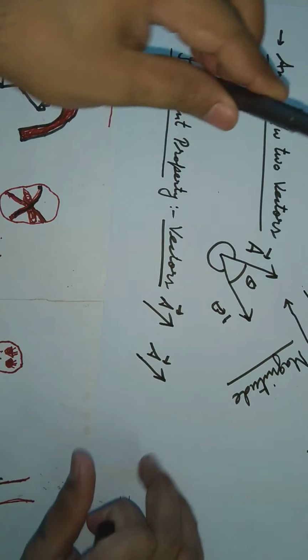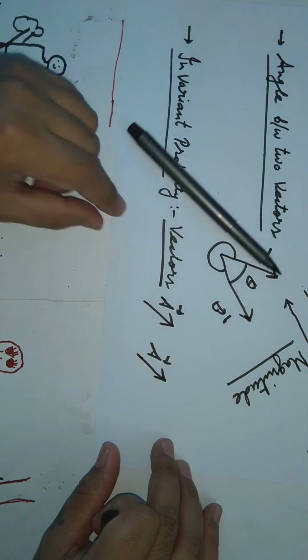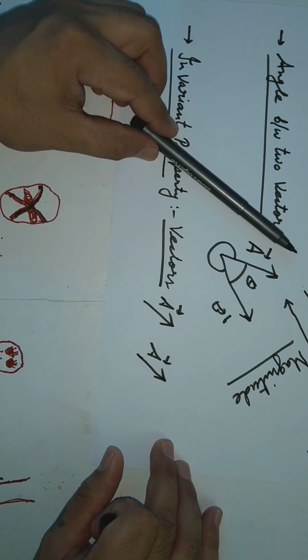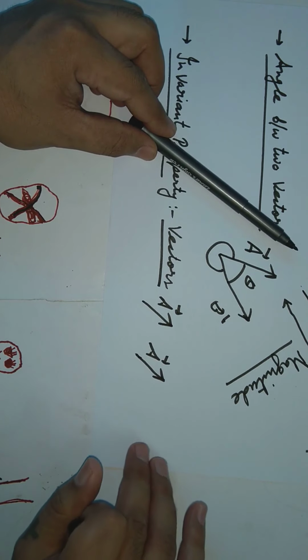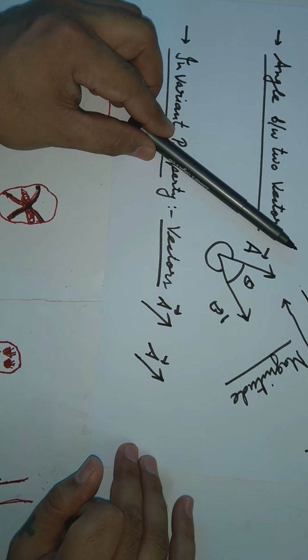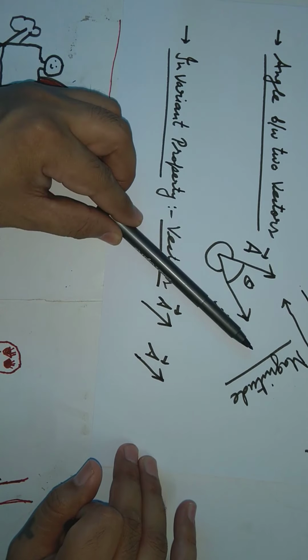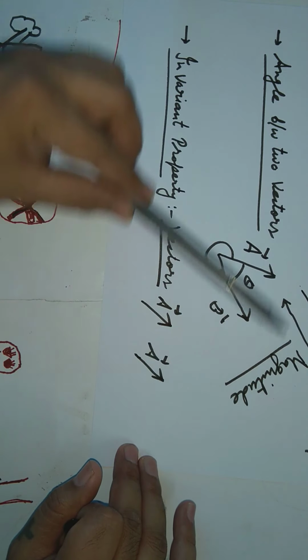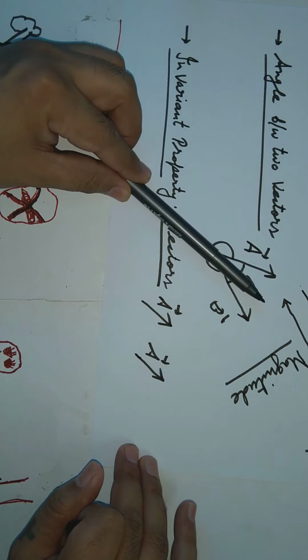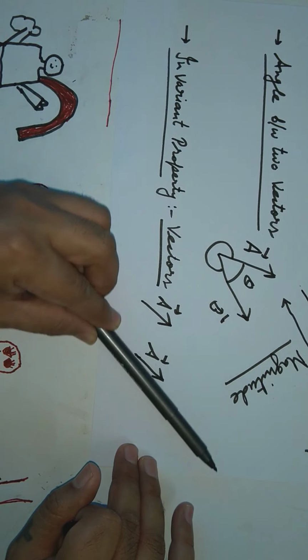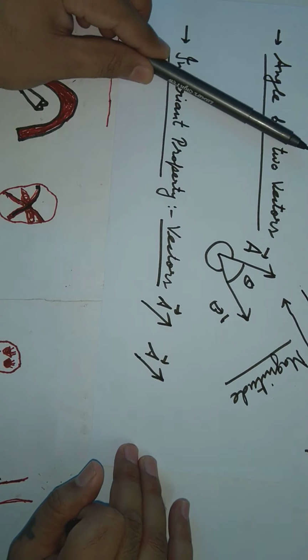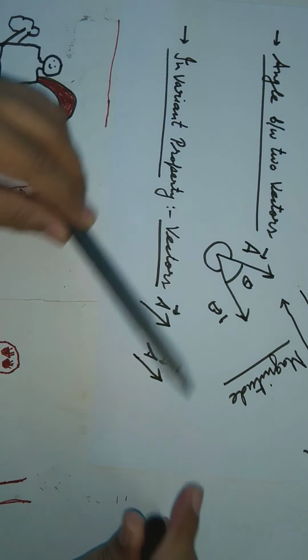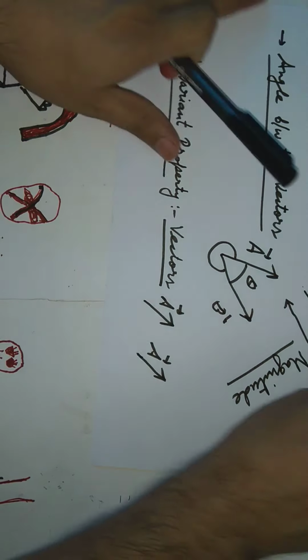So for simplicity, I take this marker as a vector. As long as I maintain its length and direction, I can place it anywhere in space. No issues. Vectors are invariant. This is simply the invariant property of vectors. Okay, so now we move further.